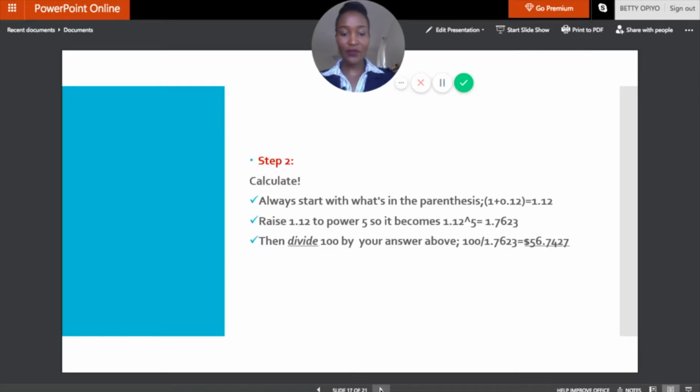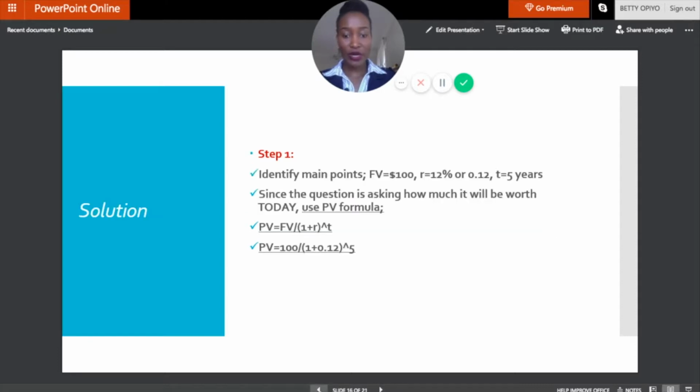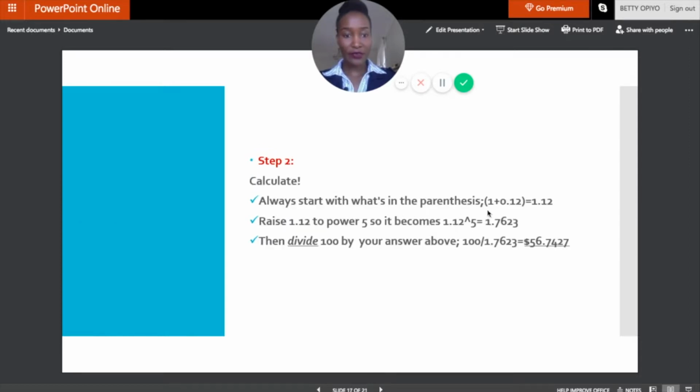All right, so now that we've plugged in the numbers, step 2 is to calculate. I do encourage students, and I said this even in the previous examples with the future values, that you always start with what's in the parentheses. In your calculation, start with what's in the small parentheses. Here, what we have in the parentheses is 1 plus 0.12, which is 1.12.